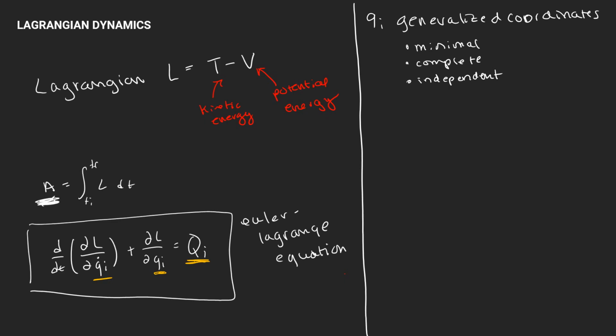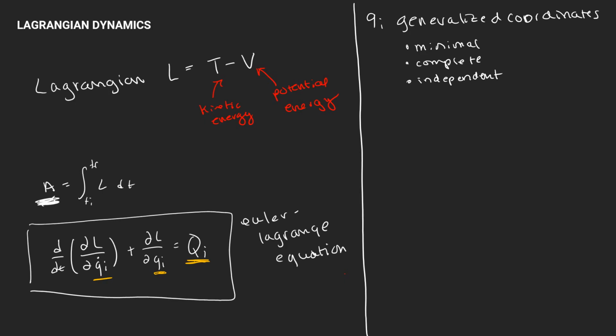Complete meaning that if you know these two coordinates, you can describe, say, where the position of any point on a rigid body is in a plane. And independent means that one coordinate does not depend on any of the others.